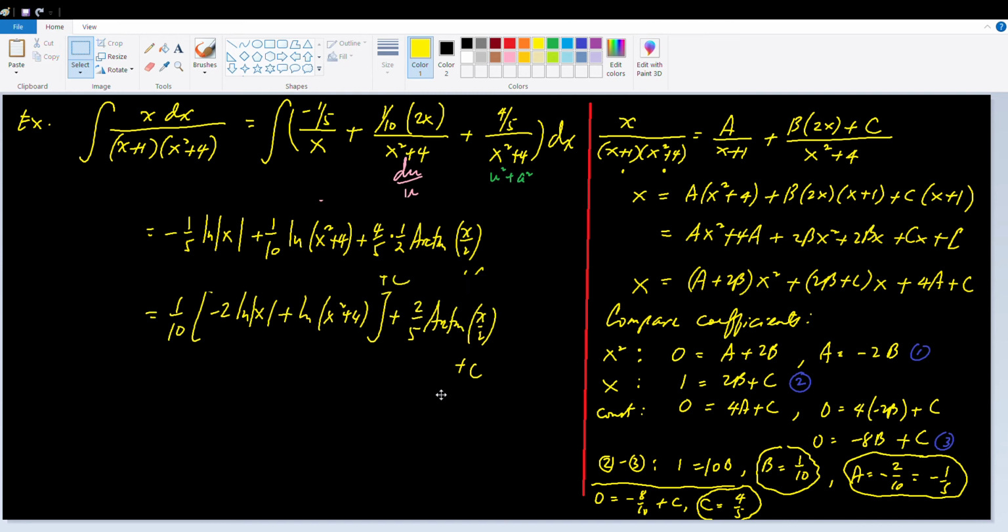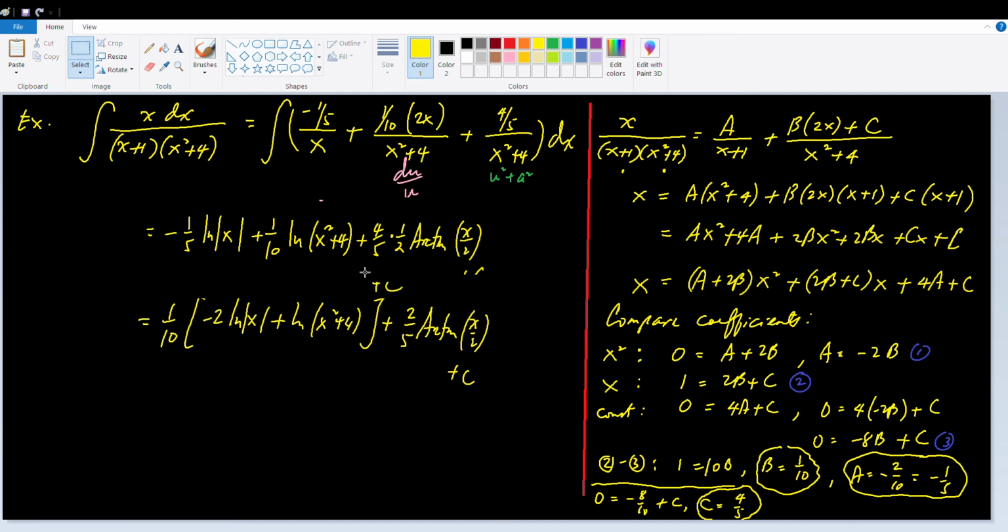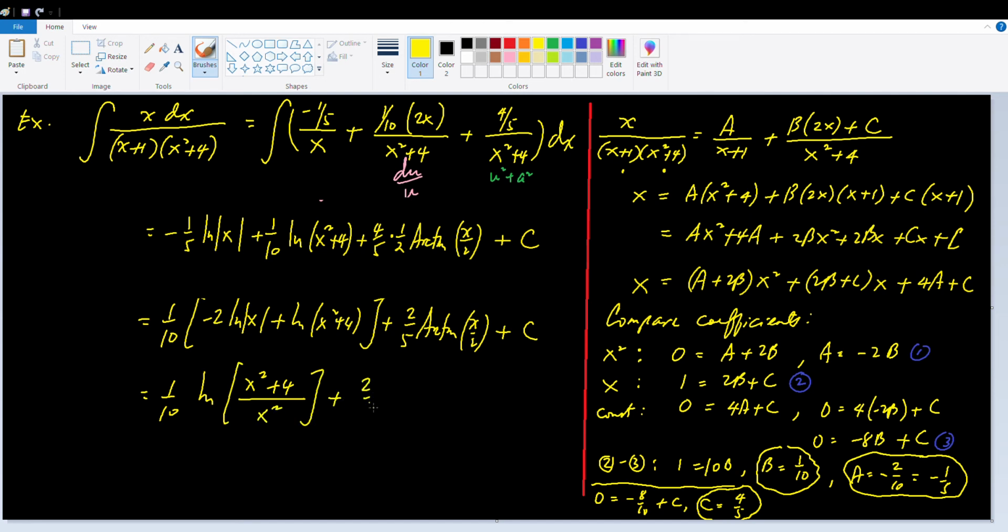Same as this one. Okay, so this should be plus c and plus c. So 1 over 10 ln of, that becomes x squared plus 4 over, because of minus, ln x squared. 2 becomes the exponent of x, so it becomes x squared plus 2 pi arctangent of x over 2 plus c.